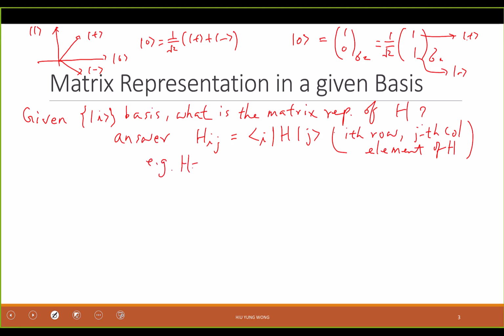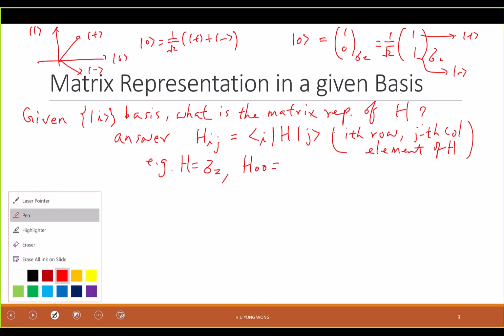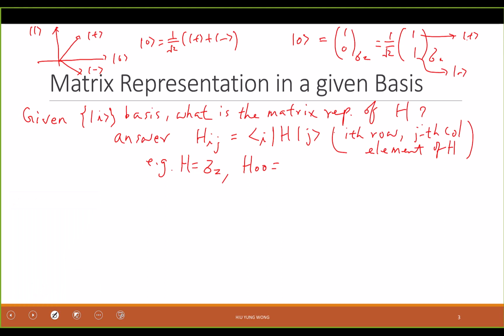The H might be sigma Z. What is sigma Z? Do you remember? Recall sigma Z equals 1, 0, 0, negative 1.